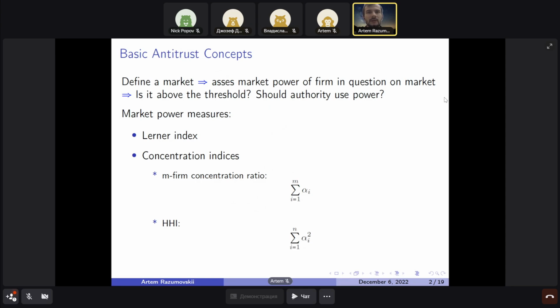We can think about some concentration indexes as well, just the sum of ratios or the HHI index, but now it will be a bit different because it's important for a firm to take a part of the market to establish working network effects inside the market, and it's important for agents.